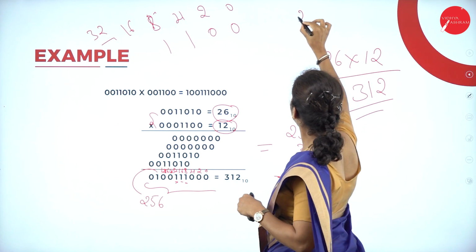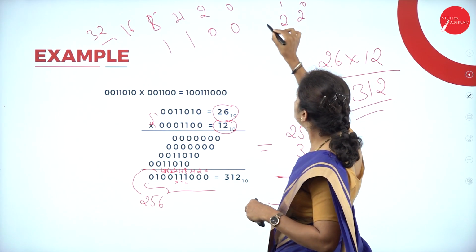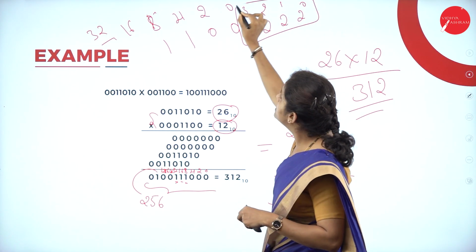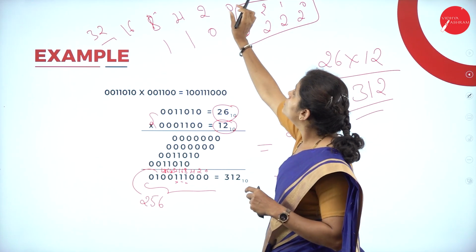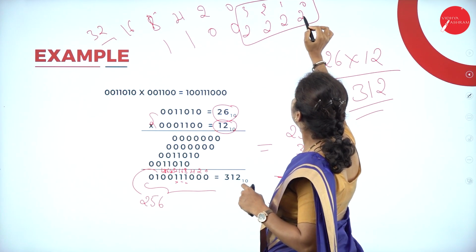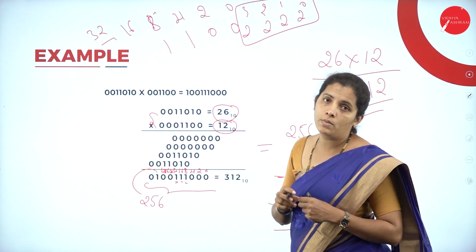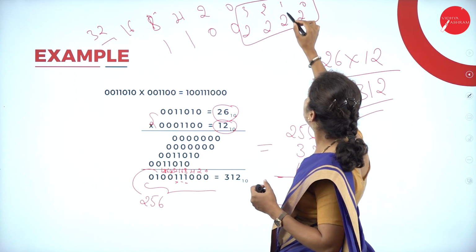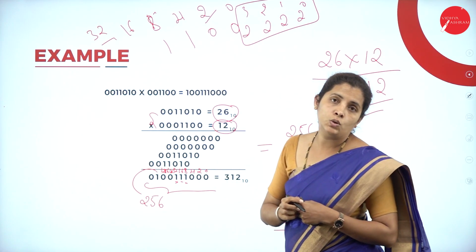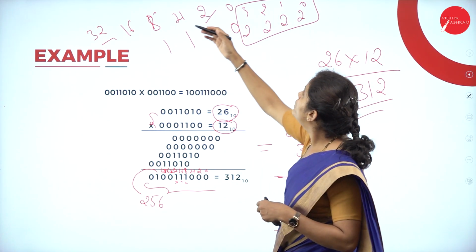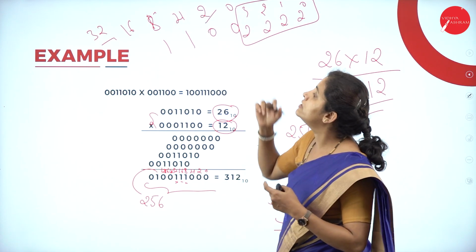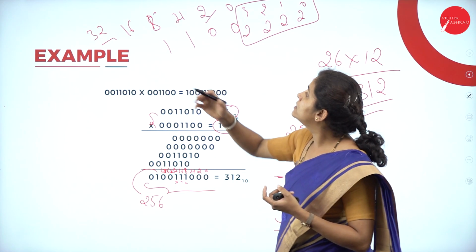That means 2 to the power 0, then 2 to the power 1, 2 to the power 2, 2 to the power 3. Instead of writing like this, I'm going to substitute the direct value. So 2 to the power 0 means how much? It is 0. 2 to the power 1, it is 2. 2 to the power 2, 4, 2 to the power 3, it is 8, 2 to the power 4, 16, 2 to the power 5, it is 32.